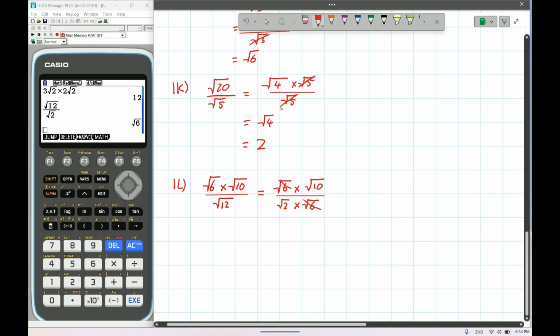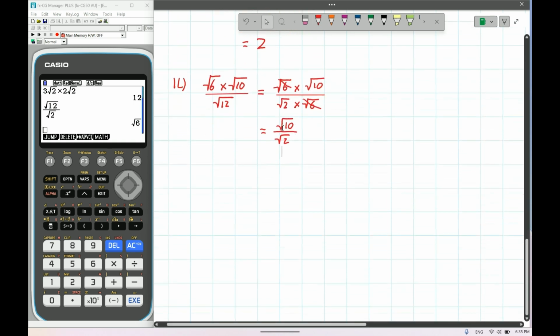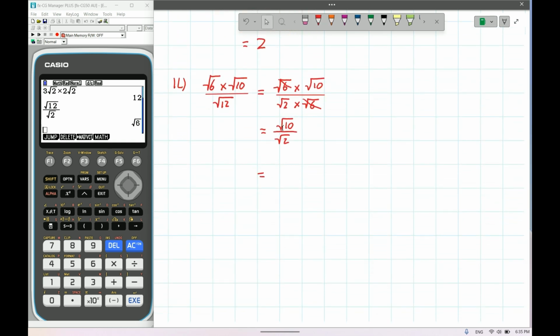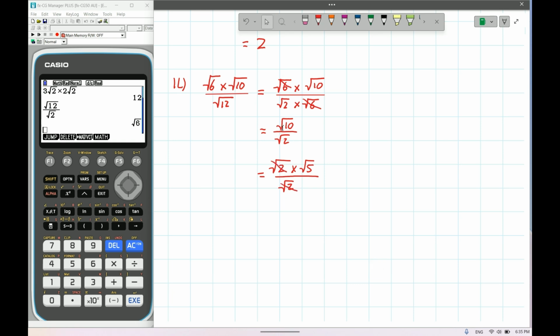And what we notice is that those two will cancel out, so you're left with square root 10 over square root 2. Then I realize that you can break up square root 10 as root 2 times root 5 over root 2, to which these will now cancel out. So you're left with just root 5.